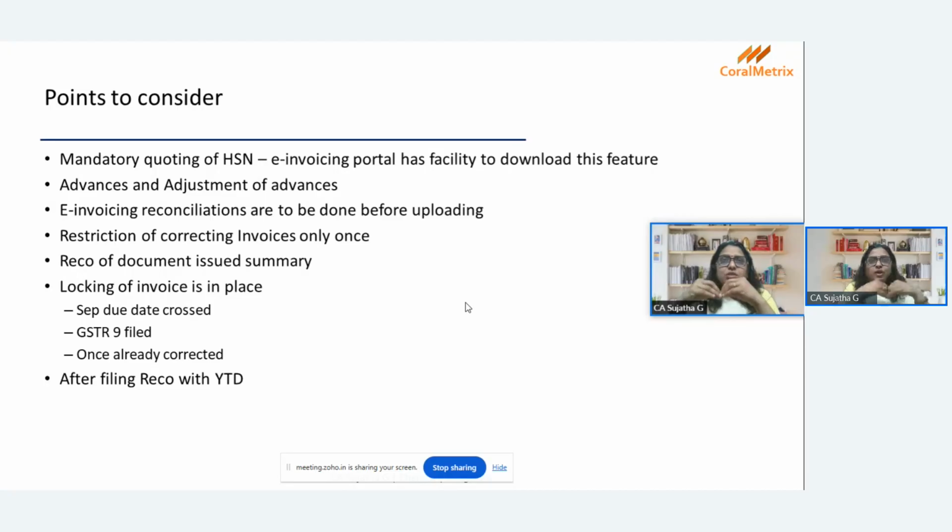Every invoice is generated through the e-invoicing format, so it is very much sure that once an e-invoice is generated through the portal, it is practically not possible for a scenario where it does not appear in GSTR1. But towards month end, when we look at it, there are misses. There are invoices which are generated through e-invoicing, but still are not appearing in GSTR1.